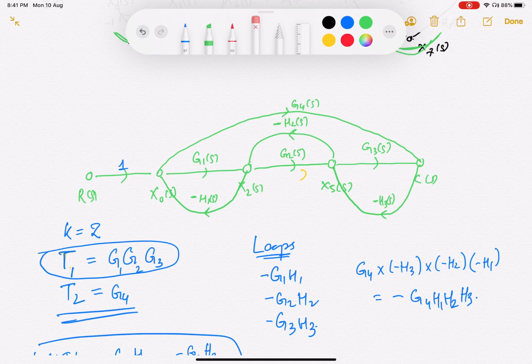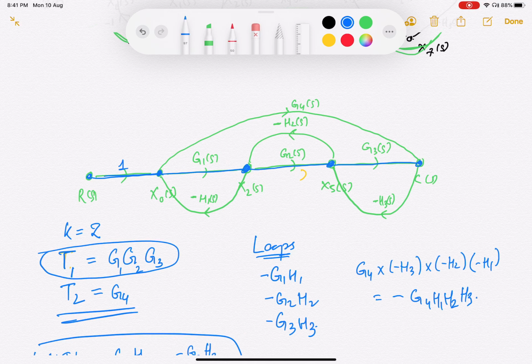If I remove the first forward path from the signal flow graph, what is left? I have to remove G1, G2, G3. Removing G1 means I have to remove this node, this node, this node, this forward path, this whole thing. From RS to CS, this whole thing has to be removed.